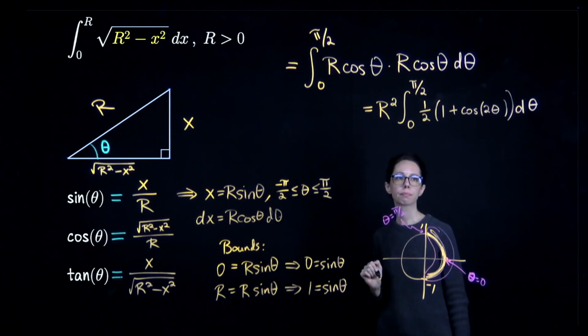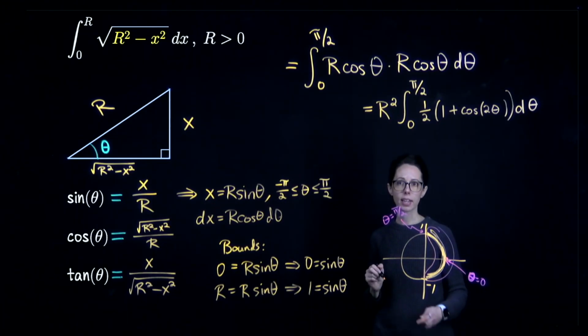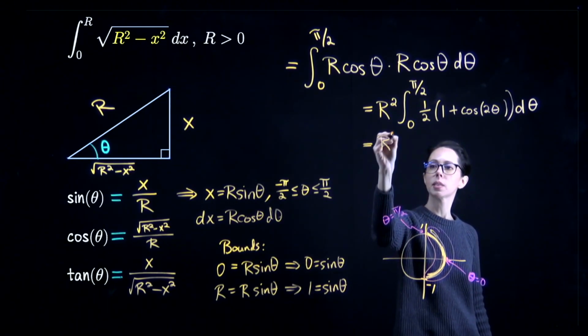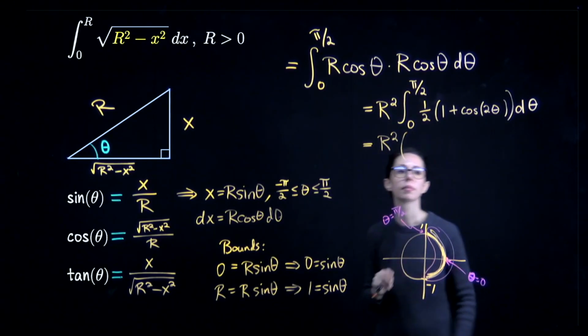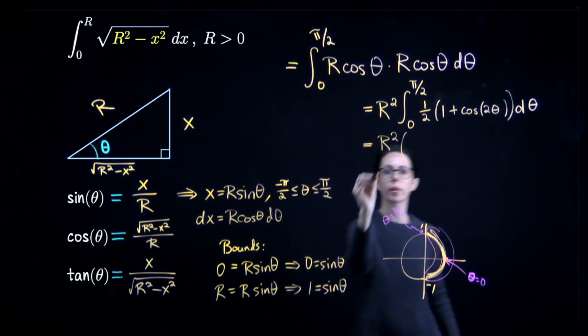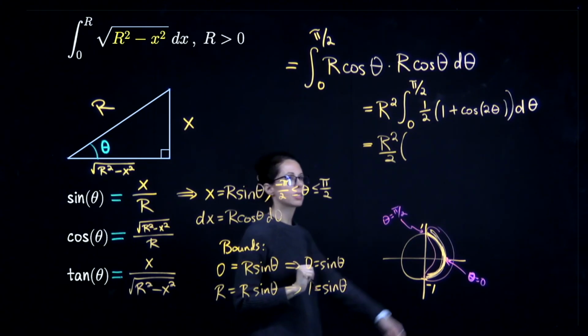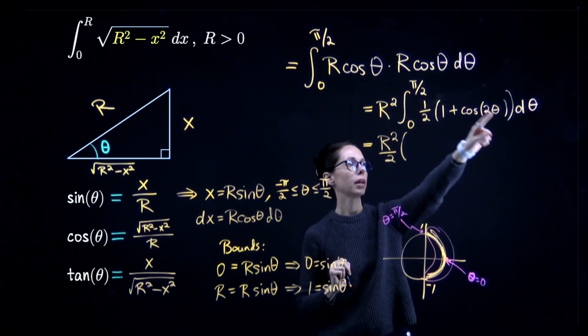We are now ready to anti-differentiate. Let me write actually r squared over 2. We'll pull that 1/2 out front. That leaves us needing to anti-differentiate 1 plus cosine 2 theta.